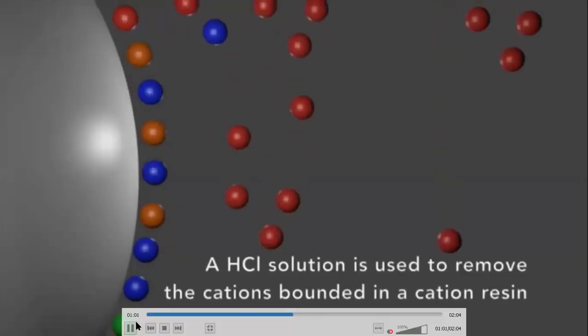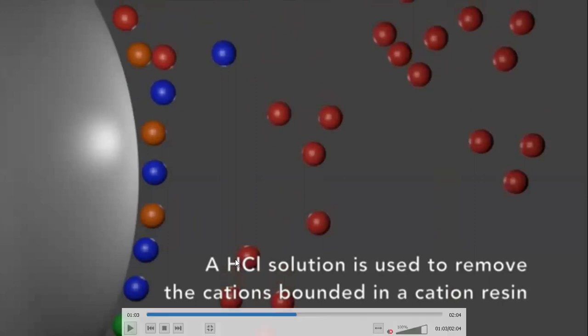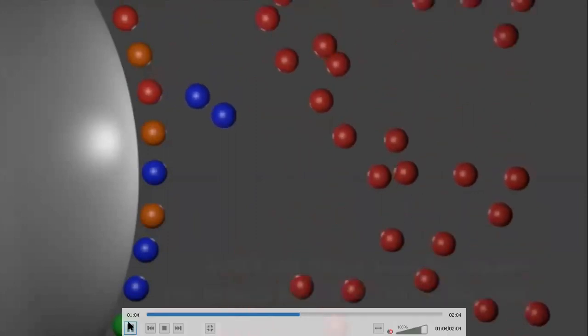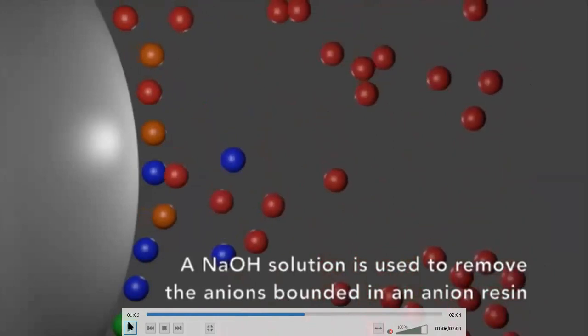For this purpose, we make use of HCl solution, which is used to remove the cations that were present in the water from the cation resin. And sodium hydroxide solution is used to remove the anions that are bound to the anion resin.